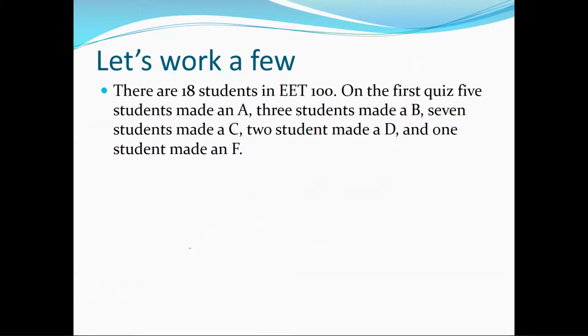So let's work one here. There are 18 students in a class. On the first quiz, 5 make an A, 3 make a B, 7 make a C, 2 make a D, and only 1 student makes an F. The first question is, what is the ratio of A's to tests taken? First of all, what's the information we need here?